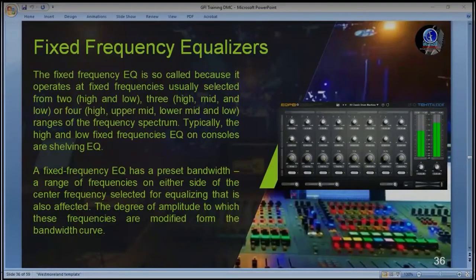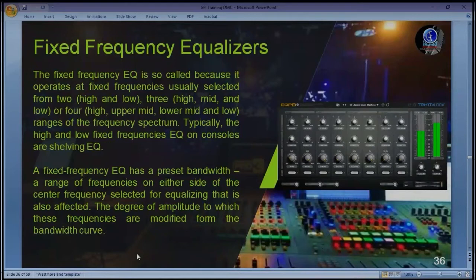Okay, good. So last week we stopped at fixed frequency equalization, and the fixed frequency EQ is so called because it operates at fixed frequencies, usually selected from two, high and low, 3, high, mid, and low, or 4, high, upper mid, lower mid, and low range of frequency spectrum.